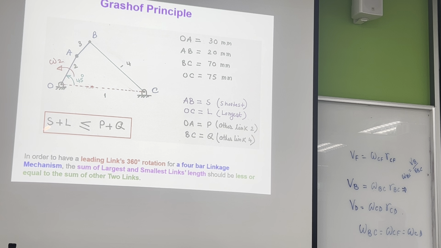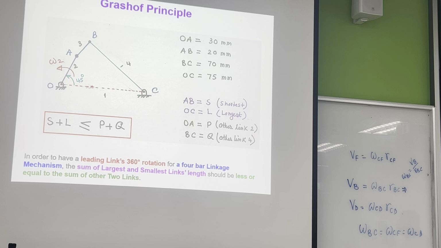And that's what is shown here. In our case, the smallest link S is our AB, and the largest link is our BC. Oh, sorry, OC. I think the longest is the OC; most probably it looks almost the same, but that's OC.